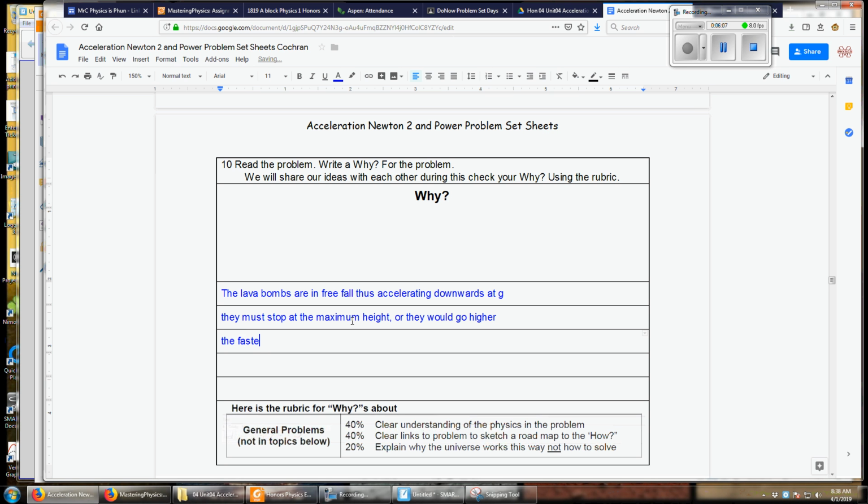The faster their initial speed, the higher they will go, since a constant acceleration. Yeah, I think that's it.